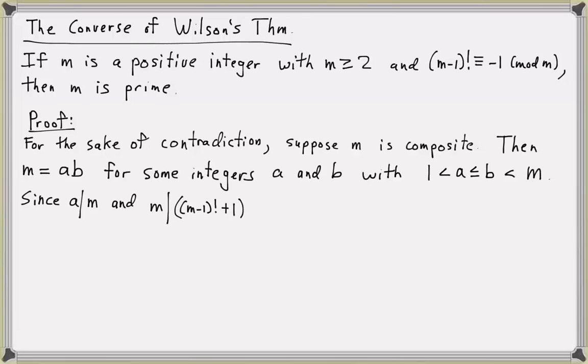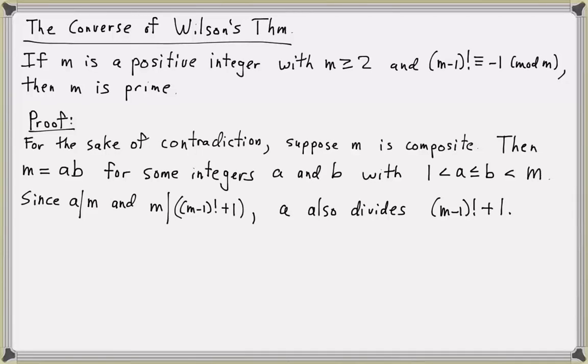Since a divides m and m divides this other integer, then a also divides this integer m minus 1 factorial plus 1. A also divides m minus 1 factorial plus 1.